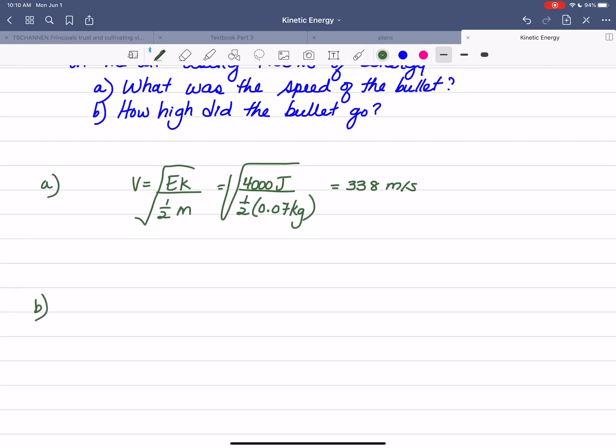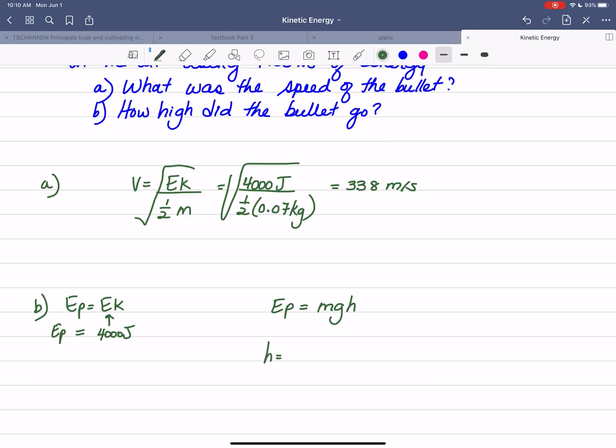For B, this is when we're using that EP is equal to EK. So if my EK was 4,000 joules, then my EP is 4,000 joules. Okay? So then, EP is mgh.